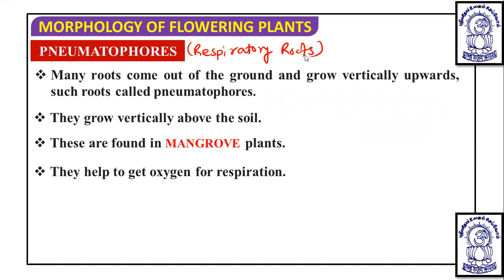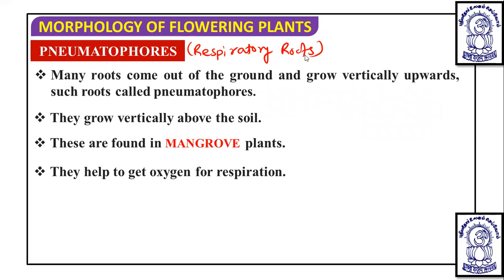And why are they growing vertically upward? Because mangroves grow in a salty area. When they grow in a saline area, the availability of oxygen gets reduced for the root, and without oxygen they cannot perform respiration.